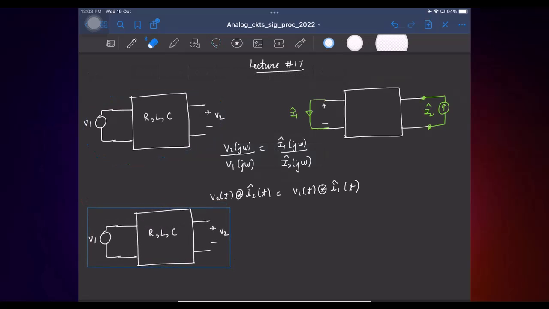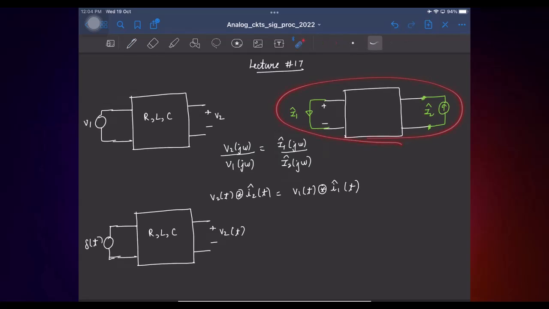My input is a voltage applied here, and output is a voltage measured here. To find the impulse response, what do I do? I'll apply an impulse voltage here, and I'll measure the voltage V2, and that should give me the impulse response.